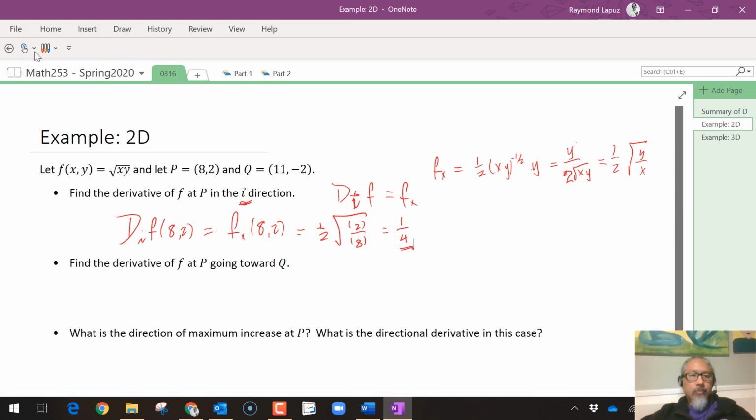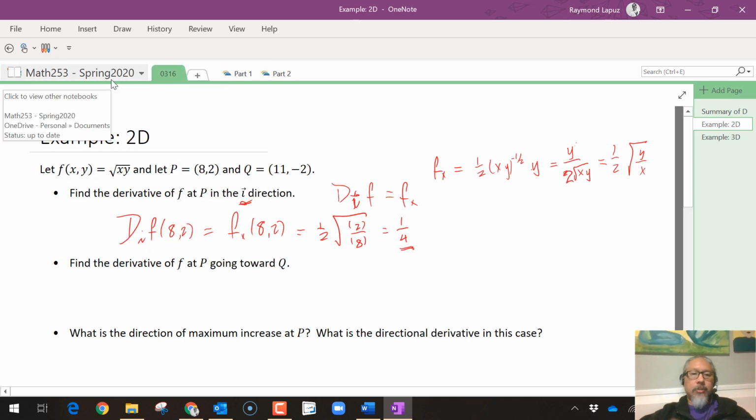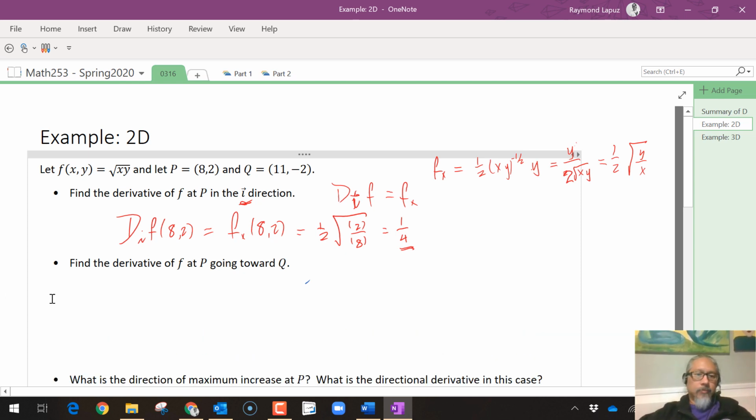Alright. The next one, the derivative at P going in the direction of Q. So it looks like for this one we need to identify the direction that we're looking for.